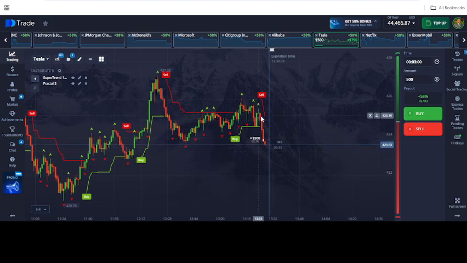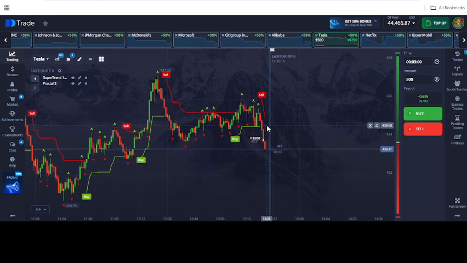And then thirdly, I have this candle closing below this green line here, this green buy signal line. So this suggests a continued bearish movement to the downside in the price of the Tesla stock here.